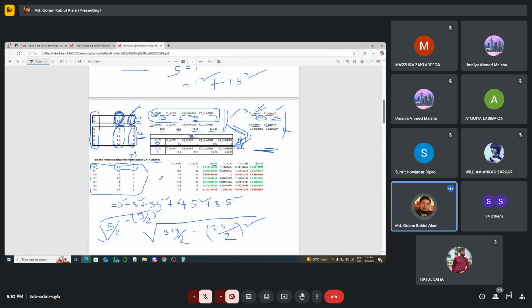So here we want to find out the Mahalanobis distance.